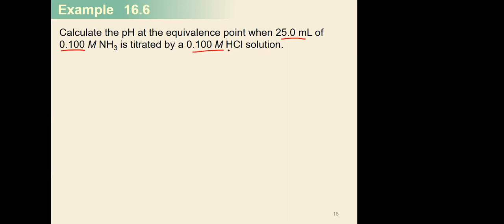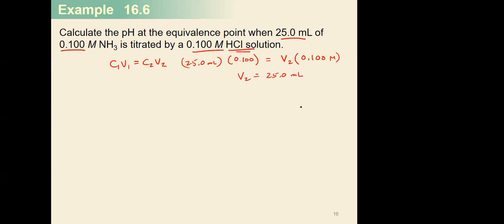What is the volume of your HCl? How do you get the volume here? Usually you have C1V1 equals C2V2. So you have 25 ml times 0.1 equals, you don't know the volume, times 0.1. As you can see, it has the same concentration, so most likely it's going to have the same volume.